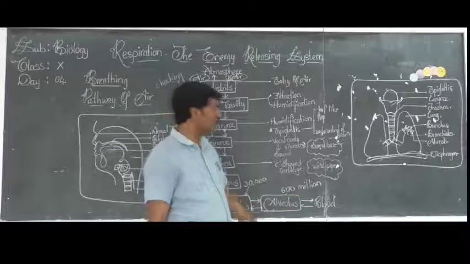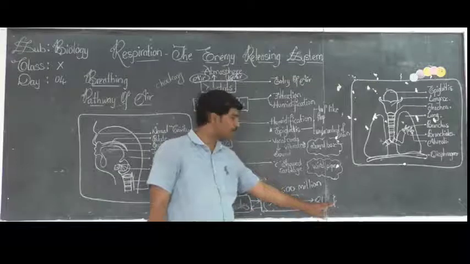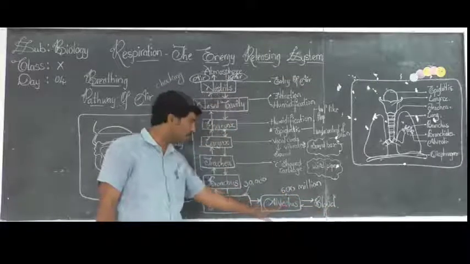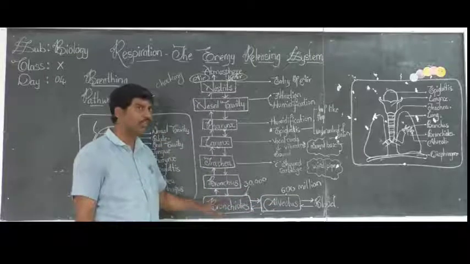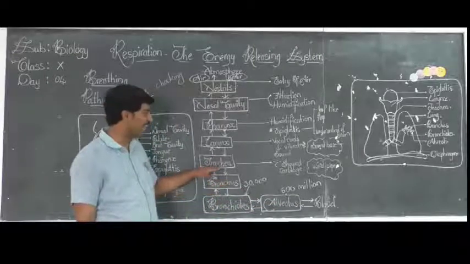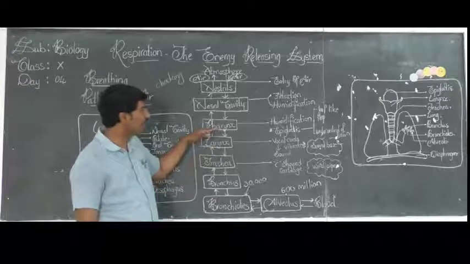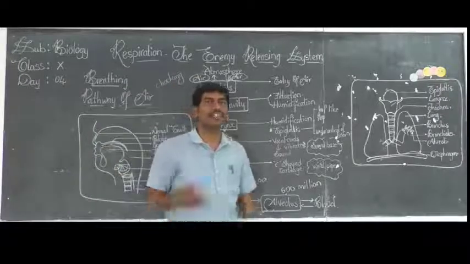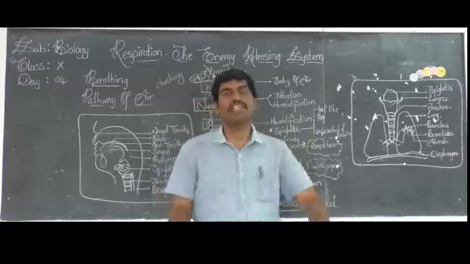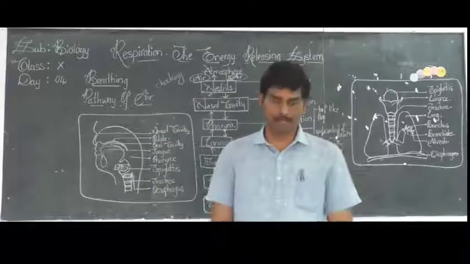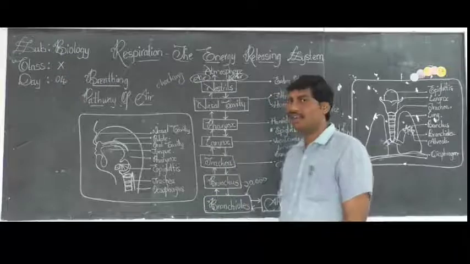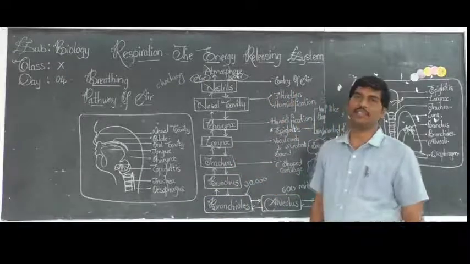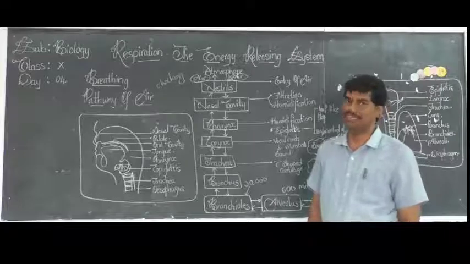In the same way, the carbon dioxide which is present in the blood moves from the blood to the alveoli, from alveoli to bronchioles to bronchus, trachea, then larynx, then pharynx, then nasal cavity, then finally the nostrils, and from the nostrils it is released into the atmosphere. Right? And this is how the pathway of air takes place during breathing.